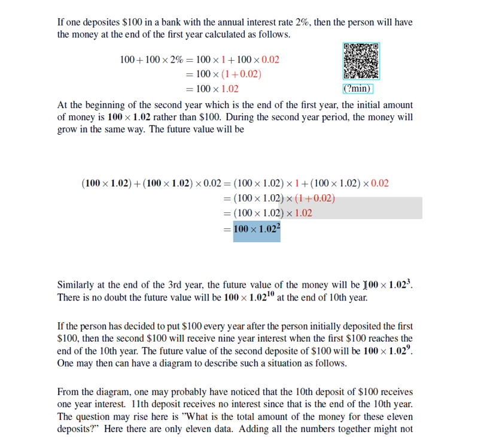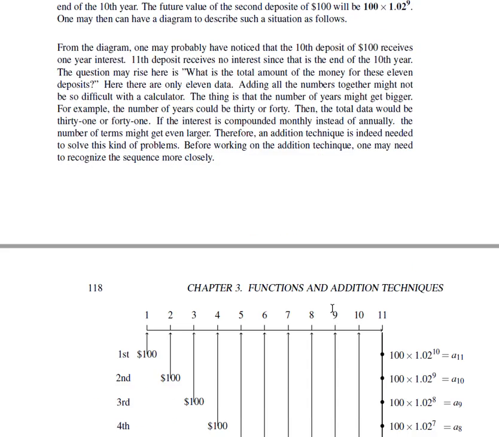The end of the third year, the exponent is 3. Then at the end of the 10th year, the exponent is 10. Remember, the end of the 10th year is the beginning of the 11th year. So that's how we got this picture.